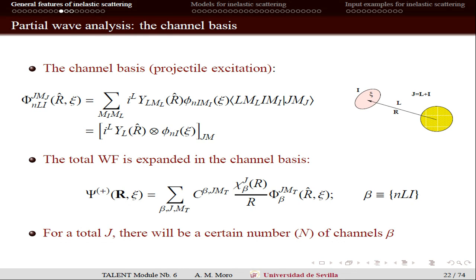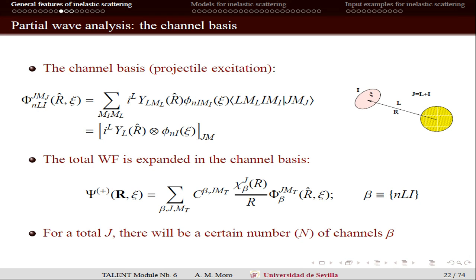And we have to separate all this and just single out the radial part. So we define what is called a channel basis. So a channel basis is a basis that contains all the internal states plus the angular part. So it's a generalization of these Legendre polynomials or spherical harmonics in the expansion. So this is our channel basis for our problem.